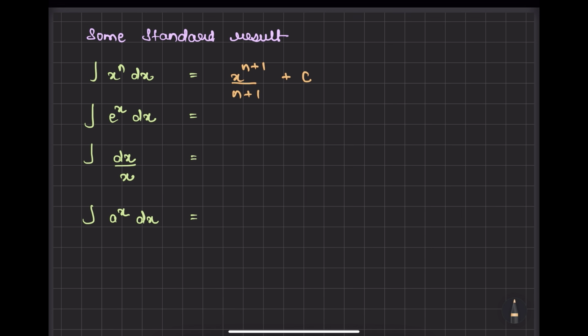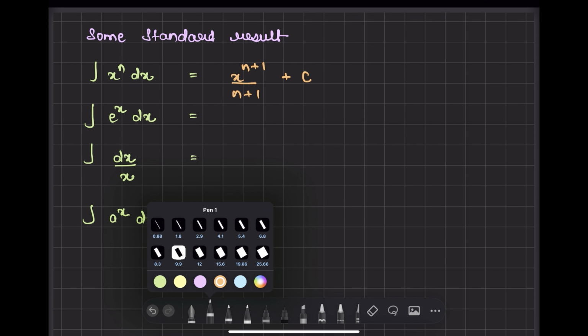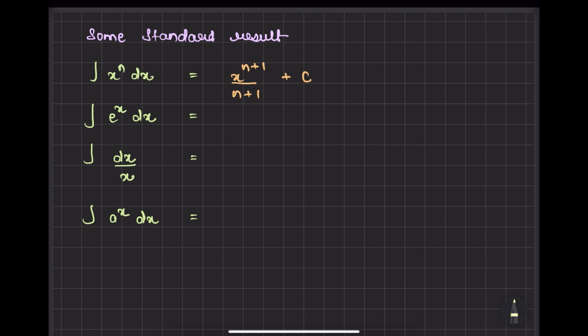This integrating constant is super important to place. For example, suppose I want you to differentiate x power 5. You know that you will write 5 x power 4.